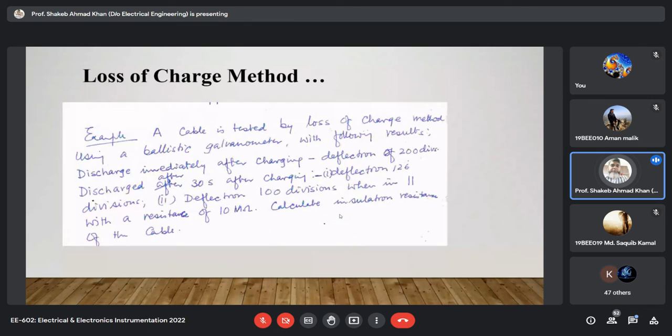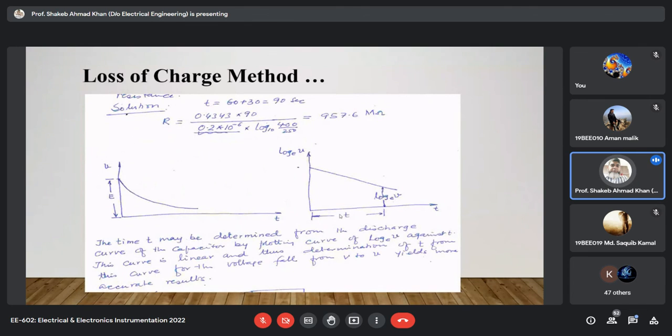I'll put all these slides, because we are near completion of this unit, your first unit. I'll put all the slides on the classroom. I request all of you to go through these slides and try to understand and comprehend the topic.